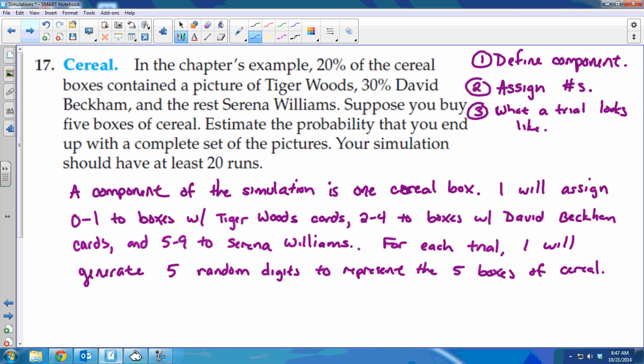So yesterday that was different. Yesterday we were trying to do boxes until we got all 3 cards. So I had to generate numbers until I had each different playing card, right? All right, so then after we define a trial or describe a trial, what's the last thing we should do before we run the simulation? Response variable.